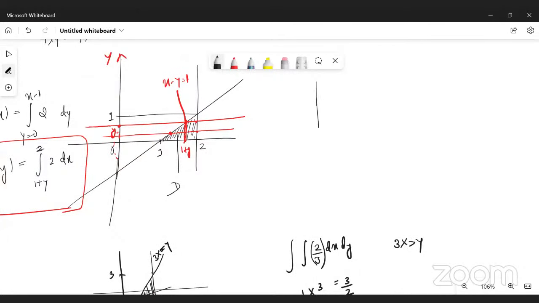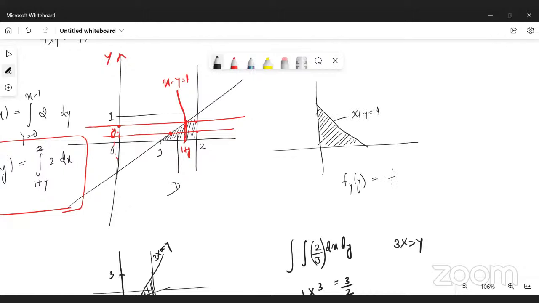Okay, let's take another example. Now take this. Suppose we want to find fx, fy. This is your x plus y equal to 1.